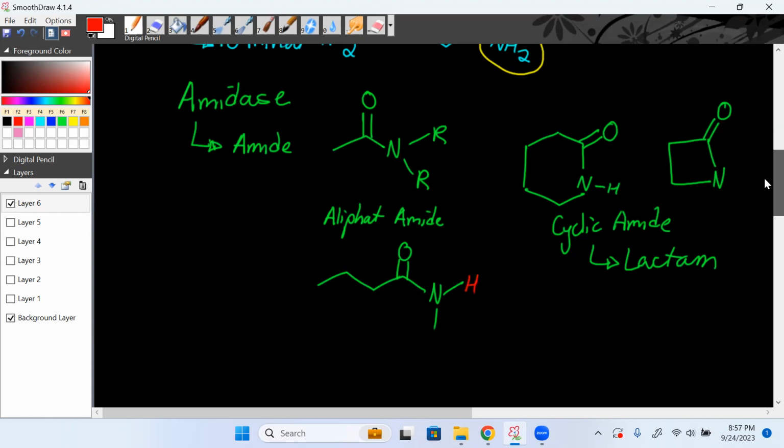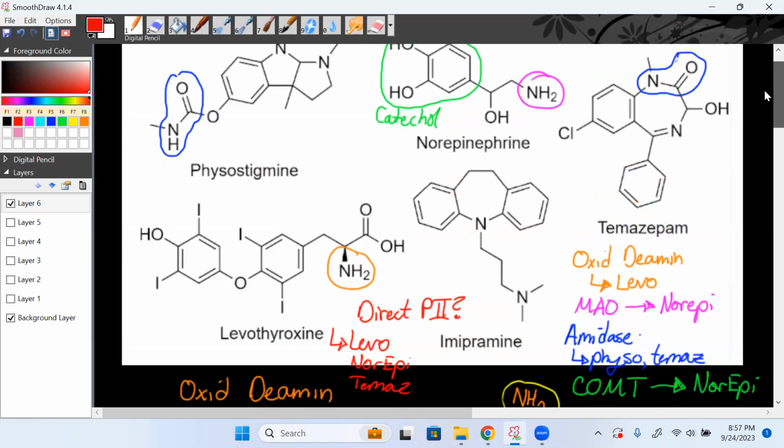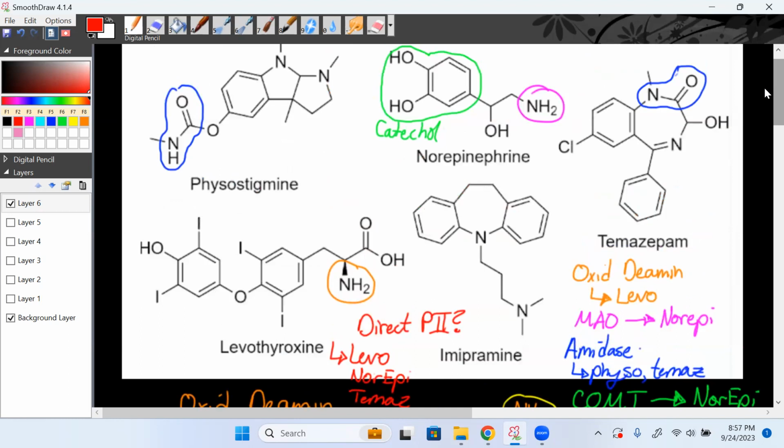They're too secluded inside of their ring. So if, for example, temazepam had an H here, this amide would not be able to go through direct phase 2 because it's too bound up. But it can go through direct phase 2 through that OH. So we have lots of options all around.